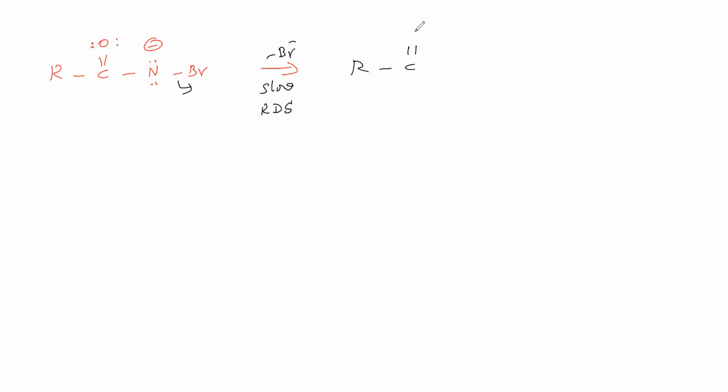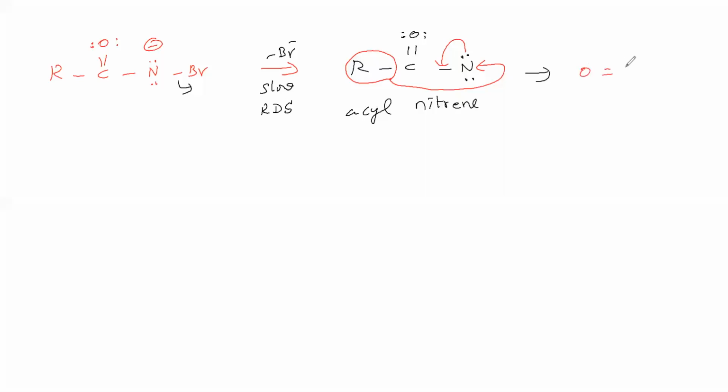Now RCO N has 2 lone pairs. This is called a nitrene, and RCO is called the acyl group. Therefore, it is an acyl nitrene. Next step, this R is taking the bond and attacking this N. This lone pair is shifting as a pi bond. So we get an isocyanate.